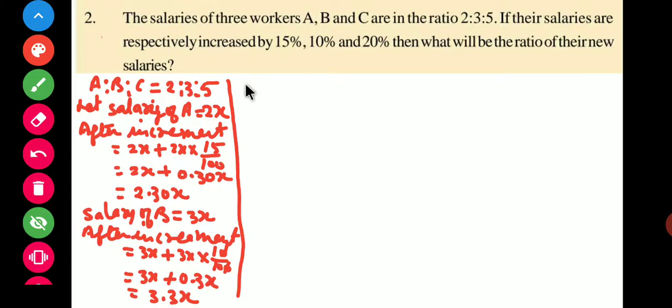Now come to the salary of C, that is 5x, and after increment, salary is 5x into 20%.